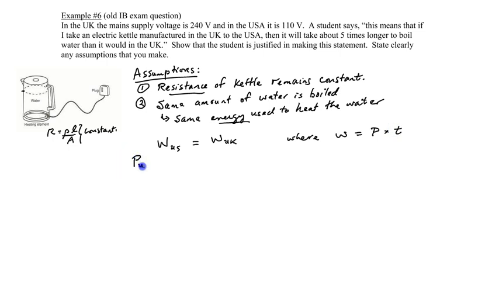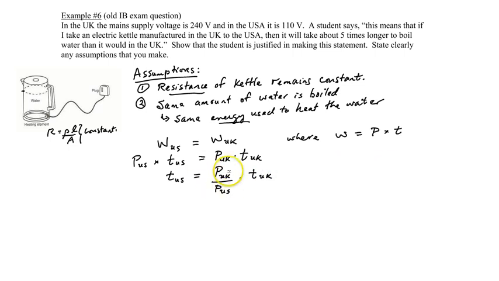So the power in the US multiplied by the time in the US must be equal to the power in the UK times the time in the UK. Now, both powers will be different, both times will be different. We're hoping to show that the time in the US will be roughly 5 times the time in the UK. So we could rewrite this as time in the US equals the power of the UK divided by the power in the US multiplied by time in the UK.